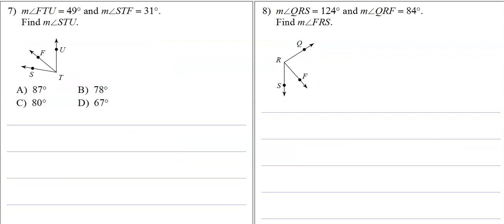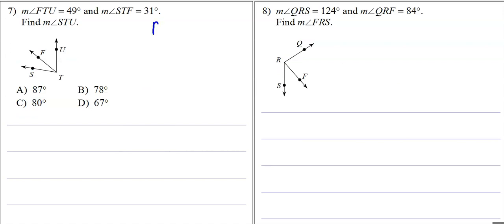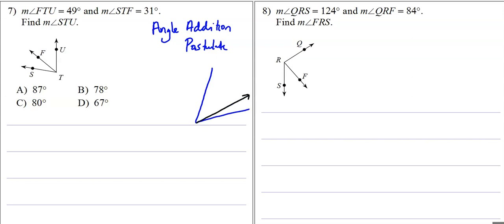Number 7 and number 8, these involve the angle addition postulate. So this was back in chapter 1, angle addition postulate. Basically what this postulate says in general is that whenever you have a ray on the interior of an angle, you split the big angle up into two pieces.